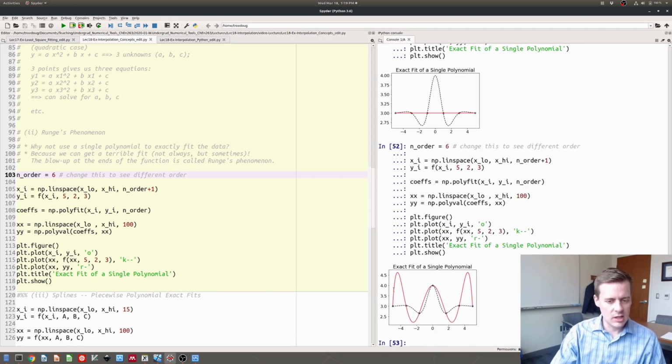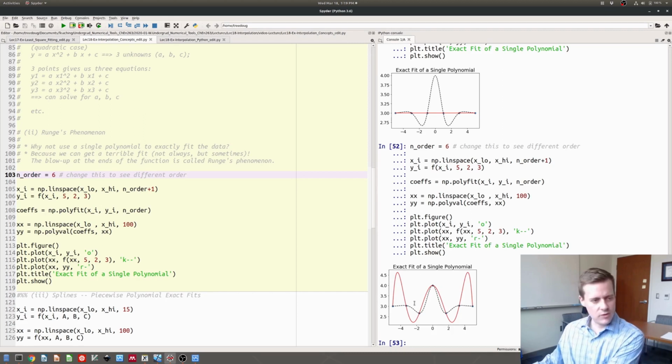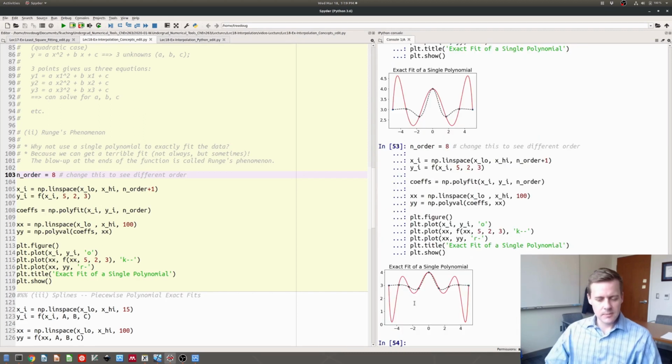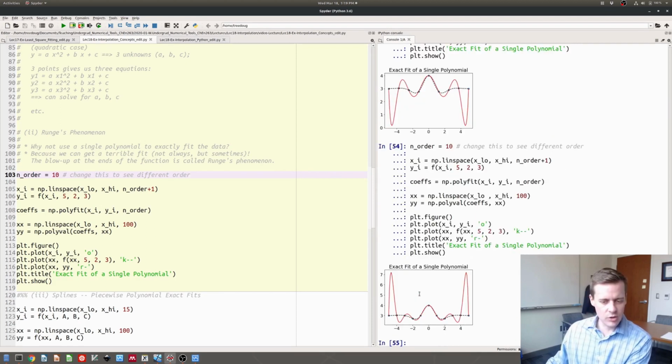Notice I start to get a lot of oscillations as I try to fit that high order polynomial to all of these different data points. If I go up to 8, I get even more wild oscillation. So it seems like I'm doing pretty good in some spots. But if I try to interpolate this entire function with something like a 10th order polynomial, I get these really wild up and down oscillations, and that's doing a really terrible job.